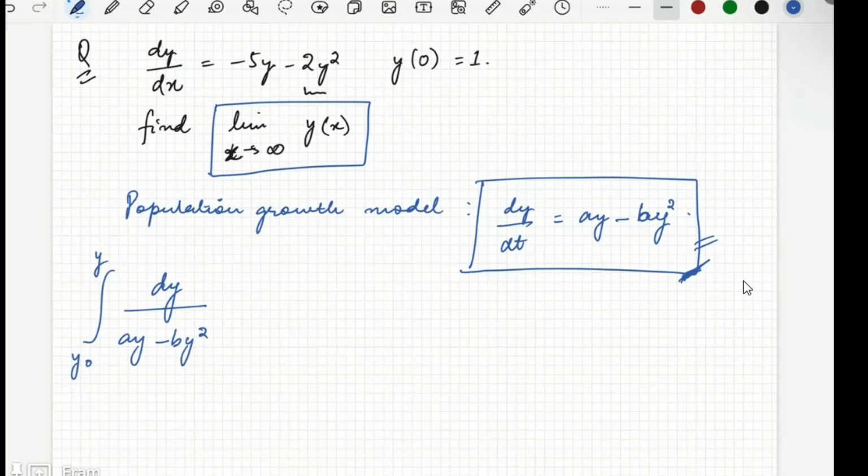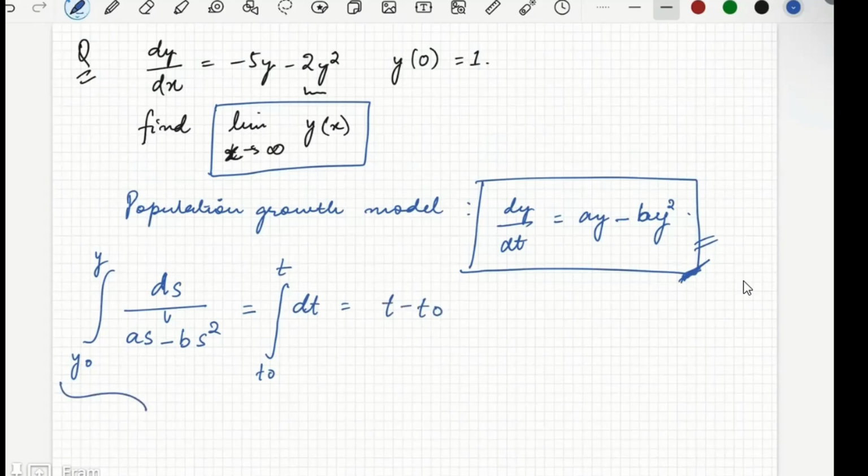Since we are integrating to y, let's change this variable to s, ds. The right hand side will be nothing but t minus t naught.